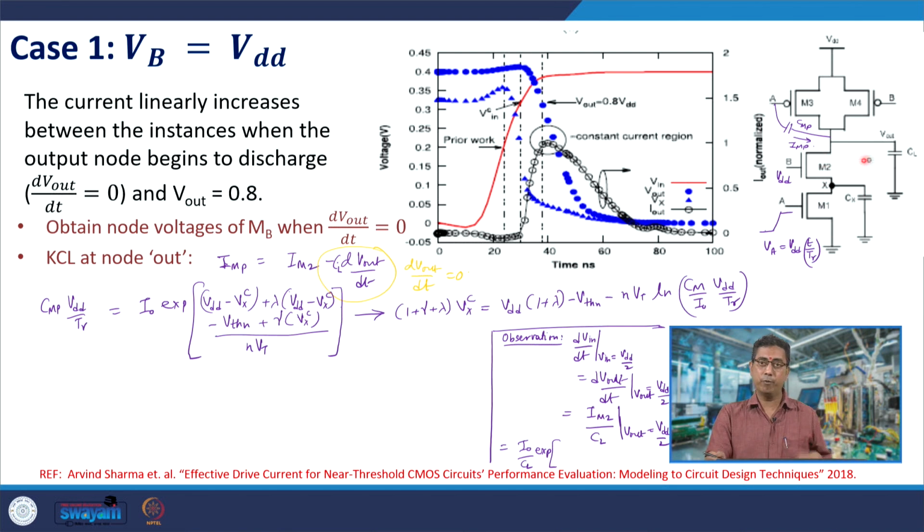So the current through M1 must also be almost constant, because if Vx is falling slowly, the current through Cx is also quite small, and all these almost constant currents lead to an almost constant current through M1. So Vx would also be almost constant, and that value is around 0.1 VDD across different PDKs and for different fan out values.